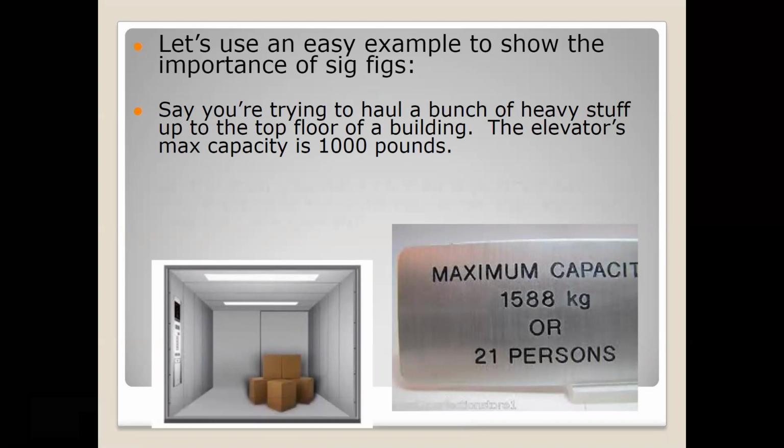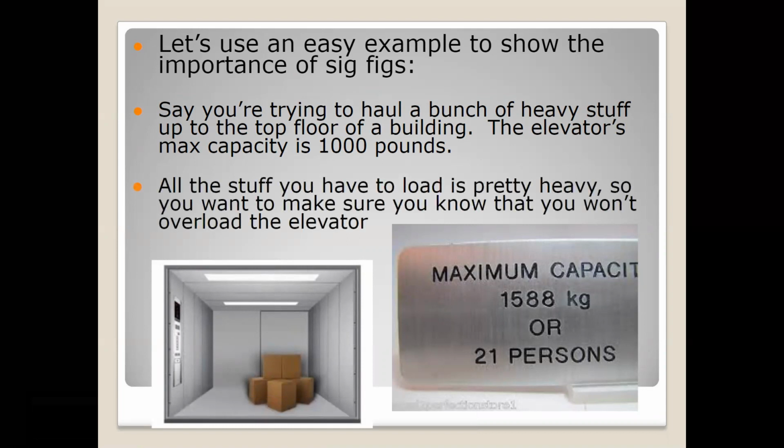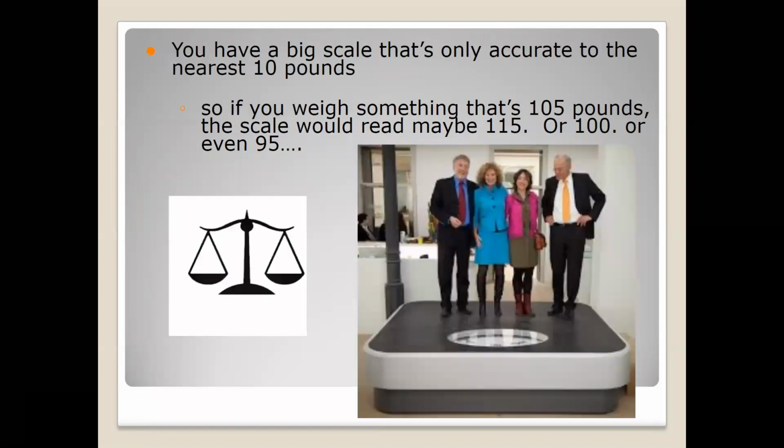But you have a lot of stuff, and you know it's pretty heavy, and you really don't want to exceed that elevator's max capacity, because if you do that, you might get stuck in it, it might break. That's dangerous. So you're going to use your big scale that you for some reason happen to have, for the sake of this metaphor, to try and weigh your stuff to see if you can bring it all in one trip.